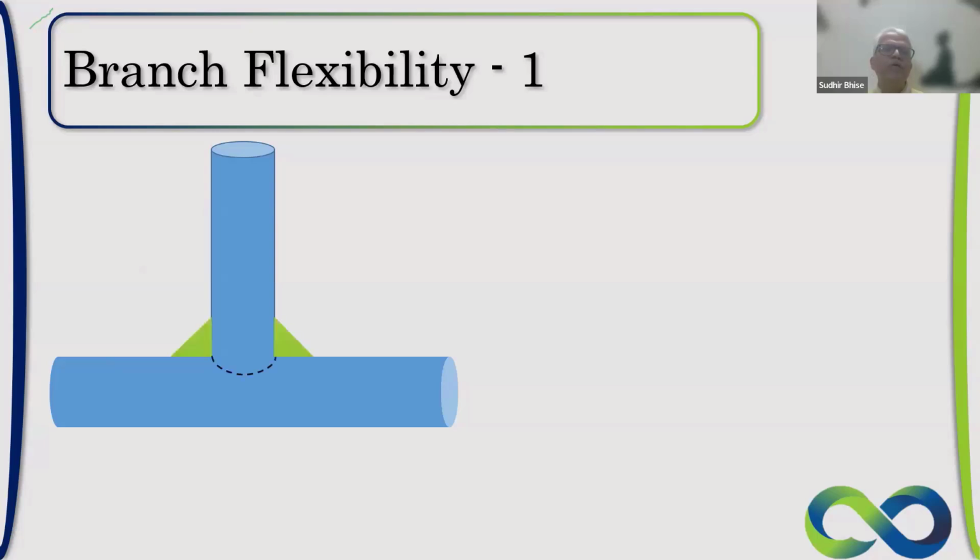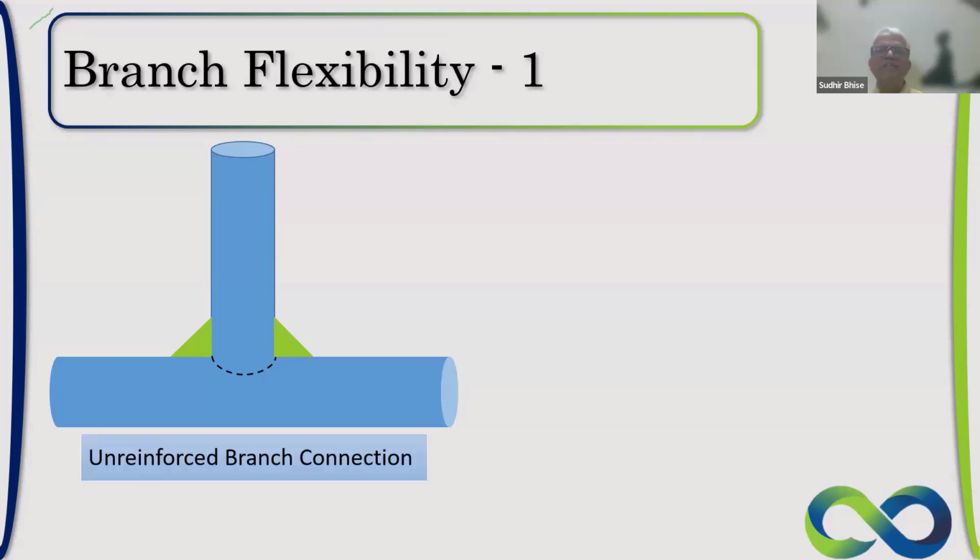If you puncture a hole in a header, then connect the branch connection and apply a fillet weld, what is the type of fitting that it is called? It is an unreinforced branch connection.